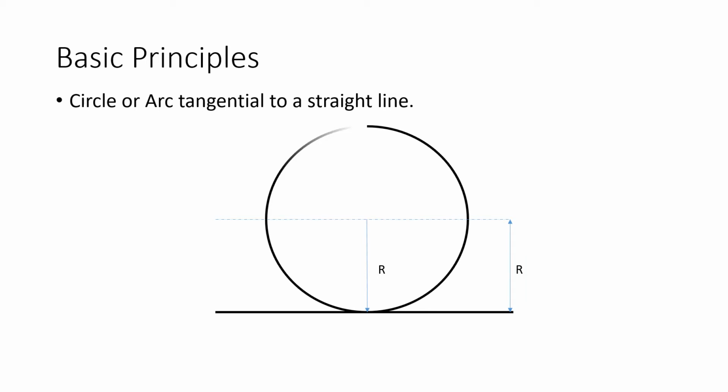So here we could draw that circle of radius r, and if we were to use any point on that line, it would give us a circle which touches the line at radius r.